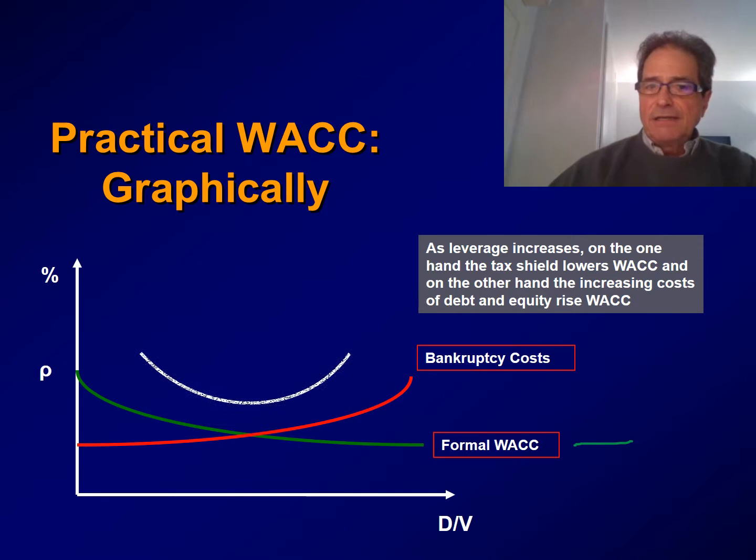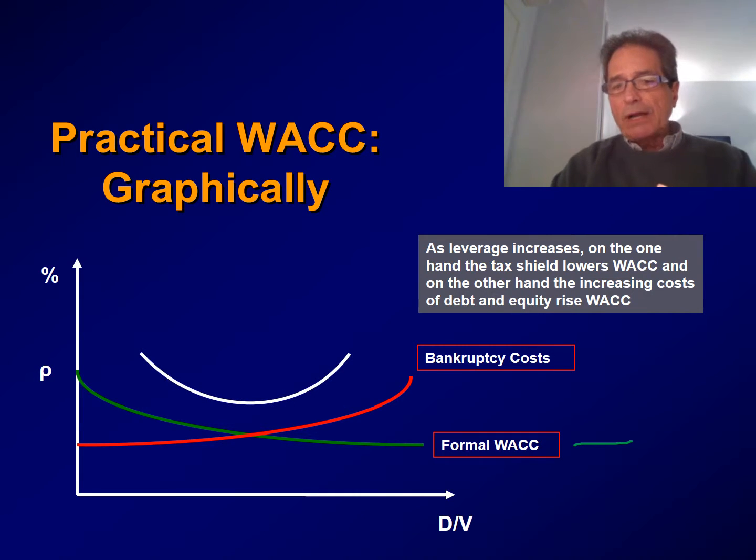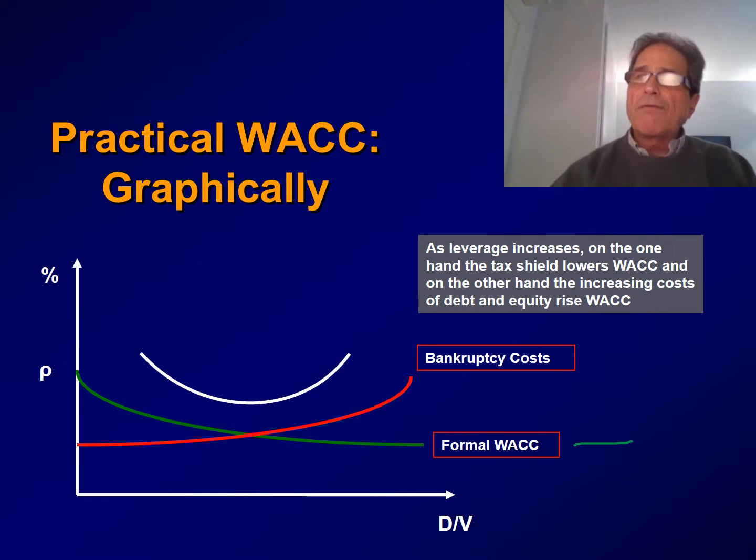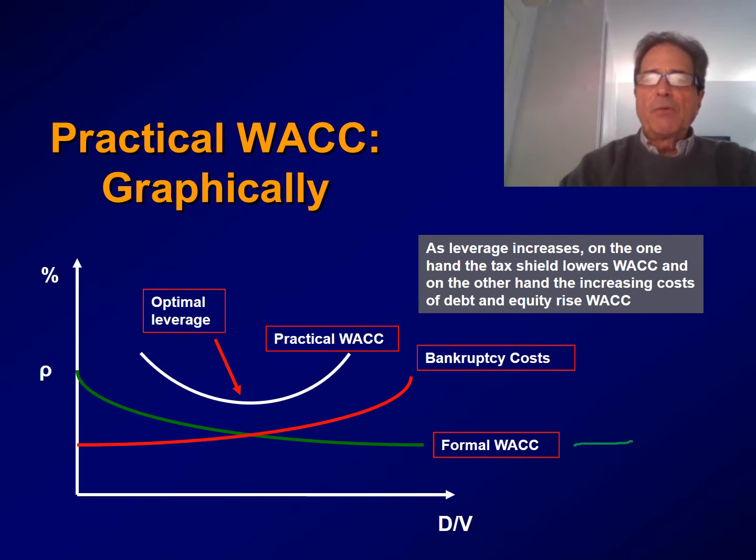And then in the end, when we use the practical WACC, we will no longer have the WACC going down with the level of debt all the time. The new WACC curve will have a U shape. And in principle, there will be a point at which we will have optimal leverage, the point at which WACC will have a minimum value.